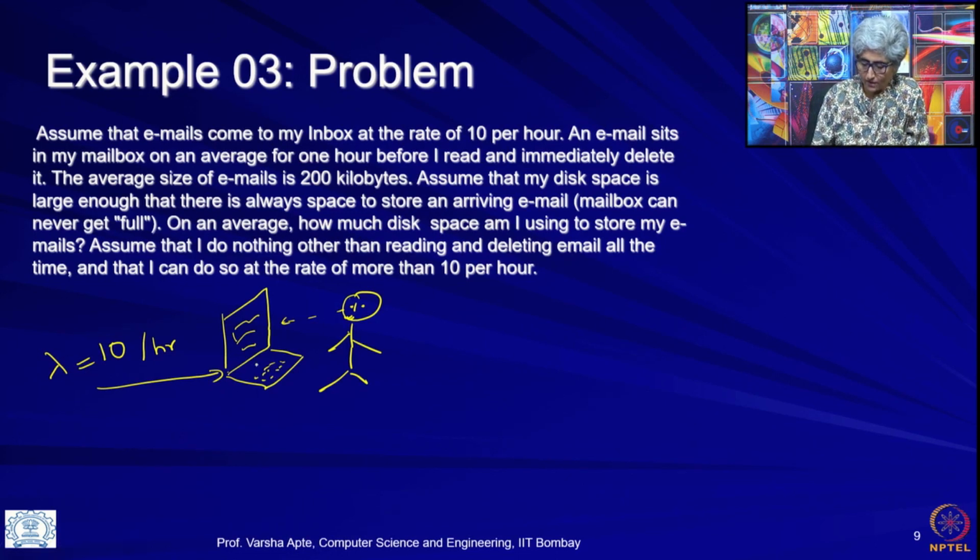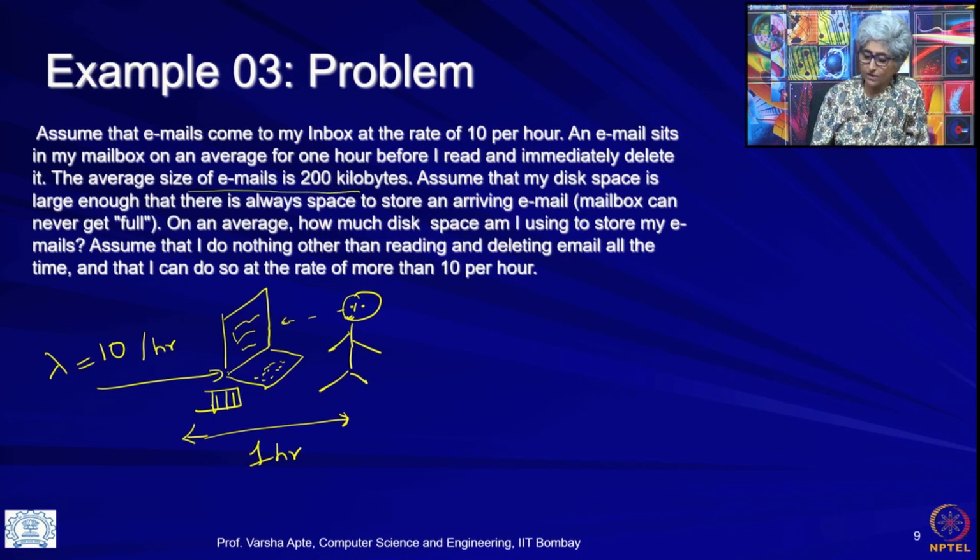So emails are basically queuing on a disk there. What it says is that the time from when an email comes to my laptop to the time I read it and delete it is 1 hour. Now suppose that the average size of one email is 200 kilobytes.